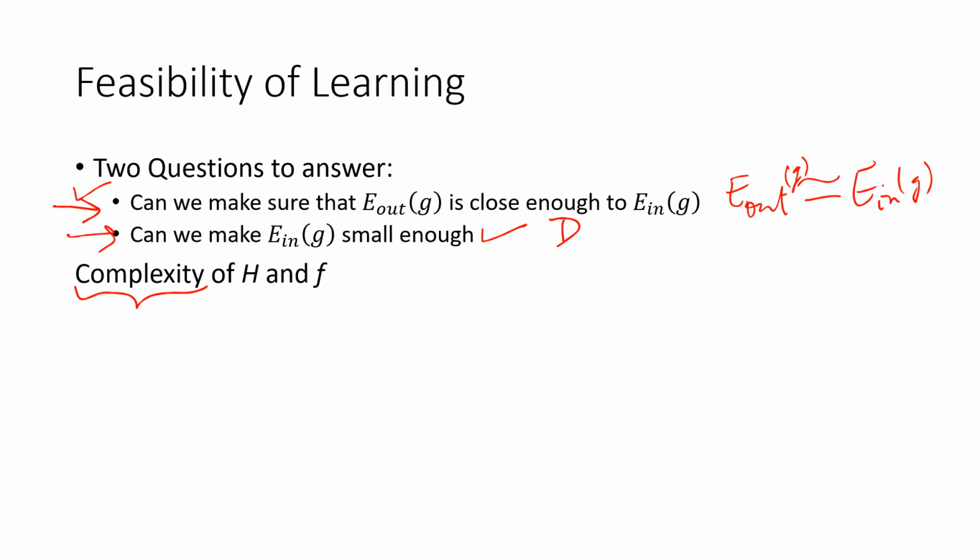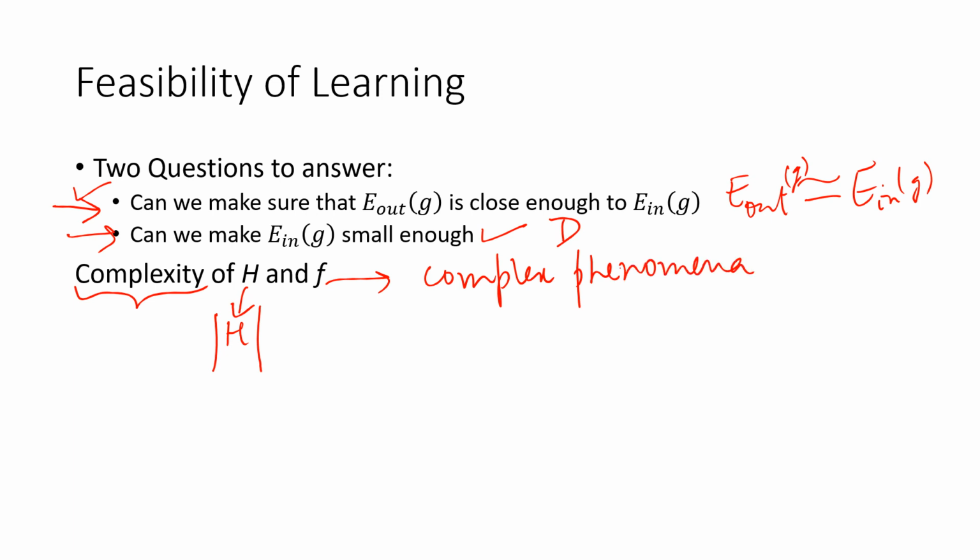Two of the important complexities that we care about are the hypothesis set H, specifically its cardinality, the number of hypotheses we have in the set, and F, which is how hard it is to learn the target function. Because this could be something really complex, representing a very complex phenomenon. Both of them contribute to what is known as complexity.